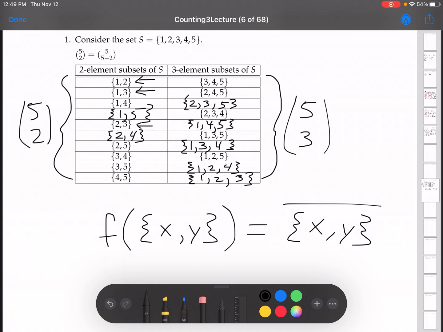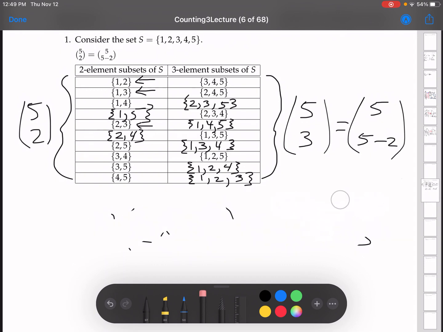So this is why 5 choose 2 is equal to 5 choose 3. 3 meaning 5 minus 2. And if you do this same sort of mapping, in general, that's why n choose r is equal to n choose n minus r.